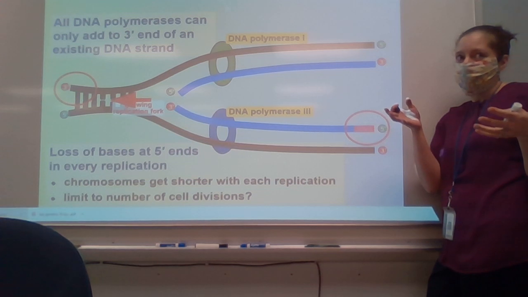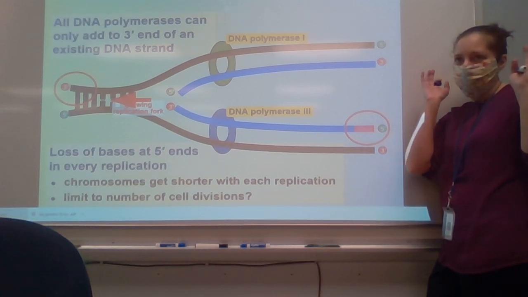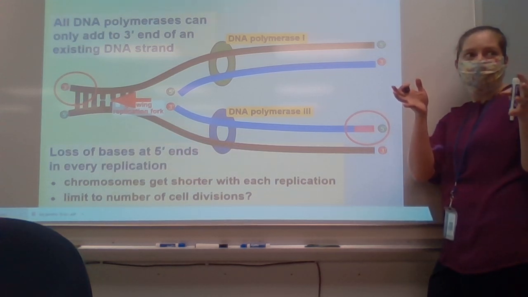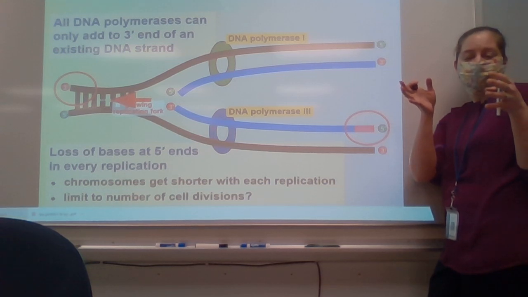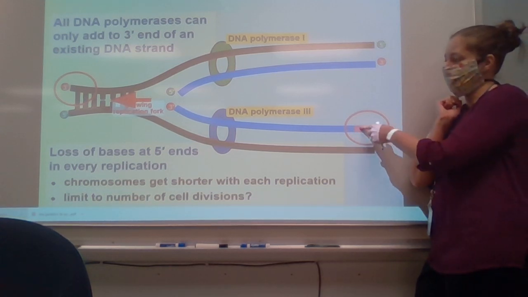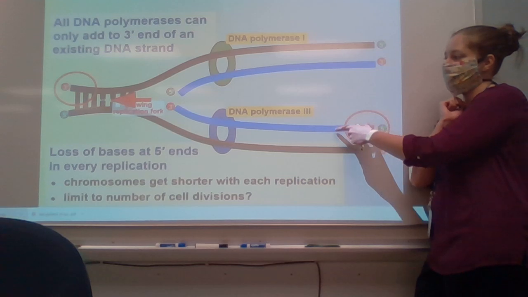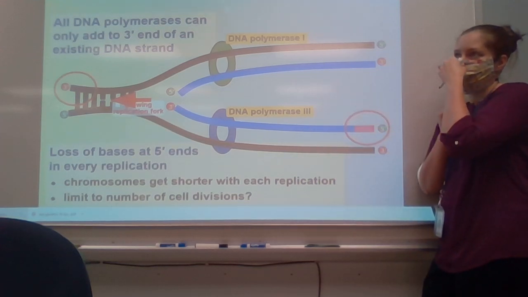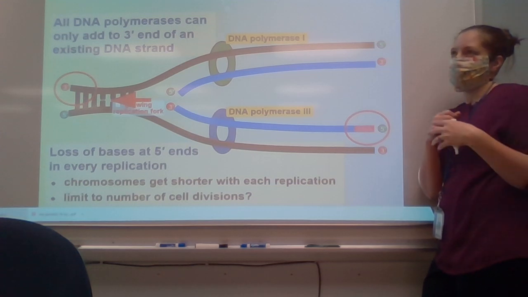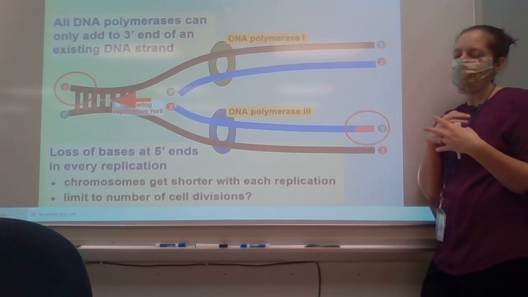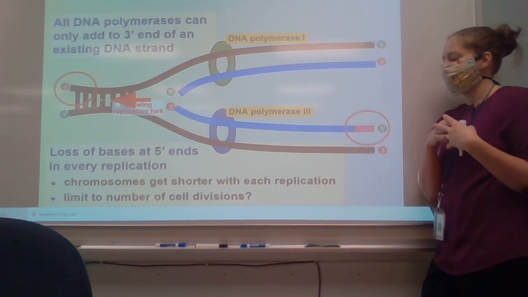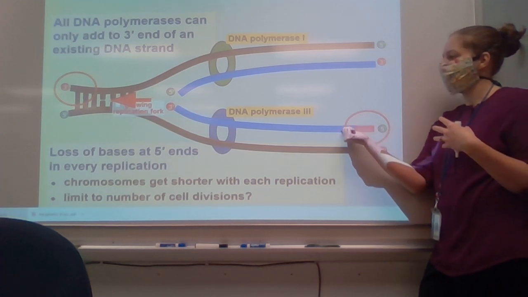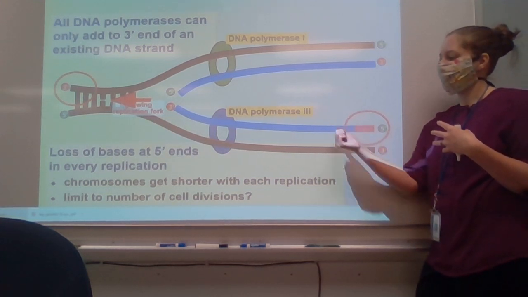Especially in our society, African Americans are usually under a lot more stress on a daily basis, and when they look at these telomeres, on average, their telomeres are much shorter. So there's a relationship between stress and disease and aging with the shortening of the ends of the chromosomes.